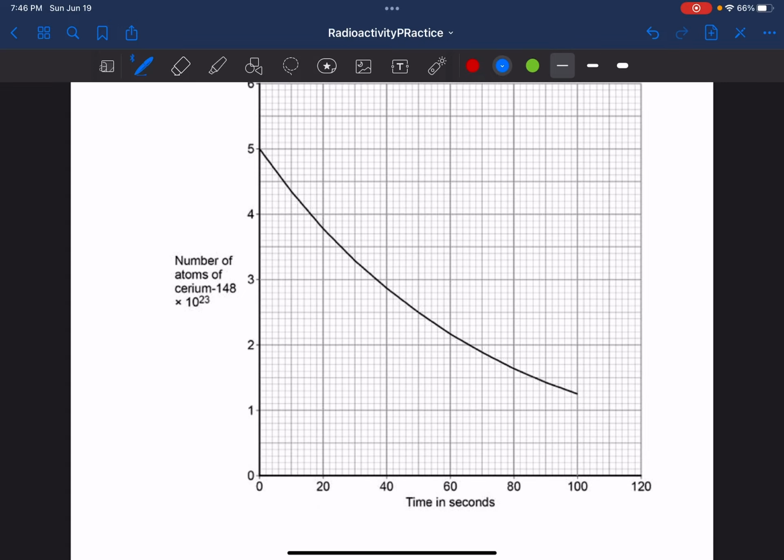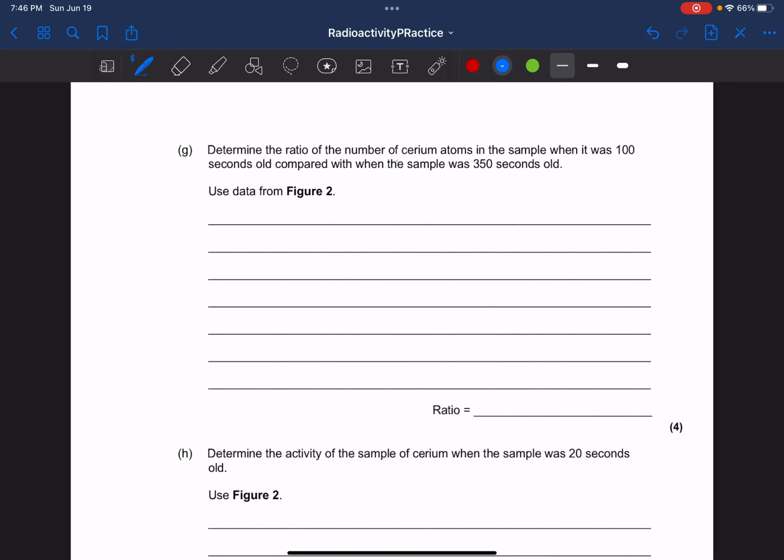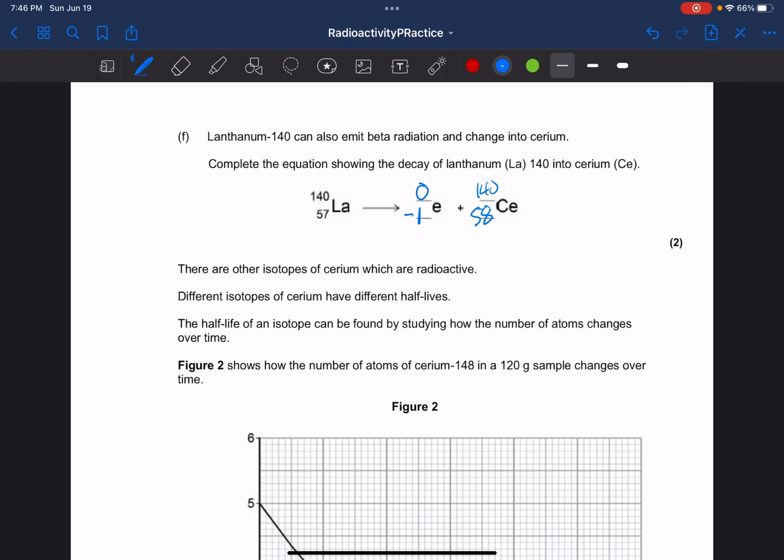So we have to look here. Right, so this is 4 marks, and it's kind of annoying. What we have to do is find the half-life.